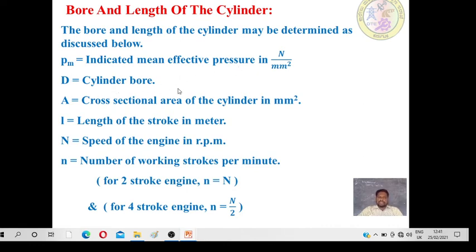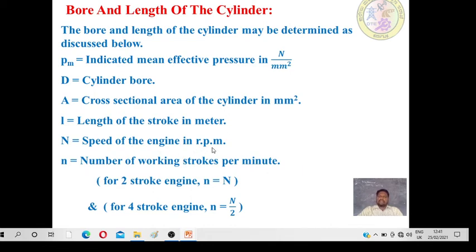Where D equal to diameter of the bore, A equal to cross-sectional area of the cylinder, and small letter L equal to length of the stroke in meter, and you should remember this is in meter, and N equal to speed of the engine in RPM, and small letter n equal to number of working strokes per minute. So for 1 minute, how many working strokes?